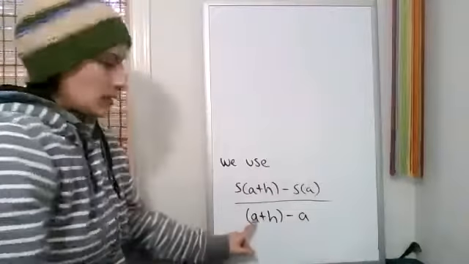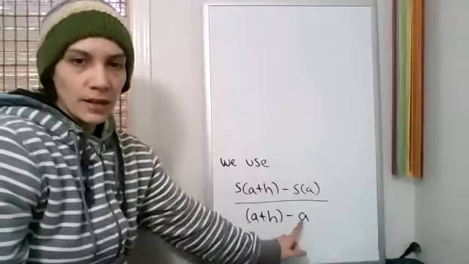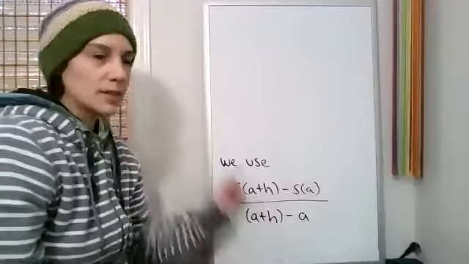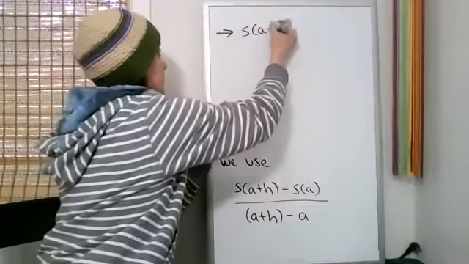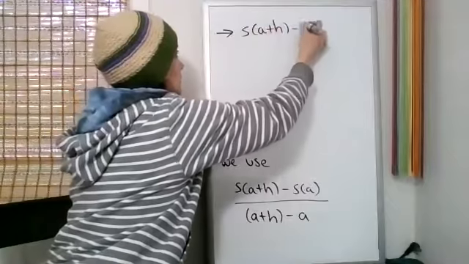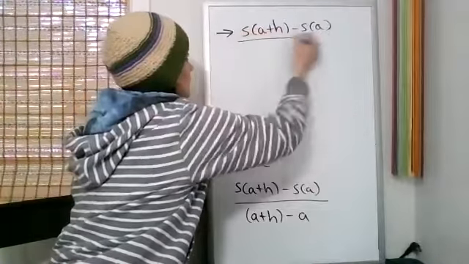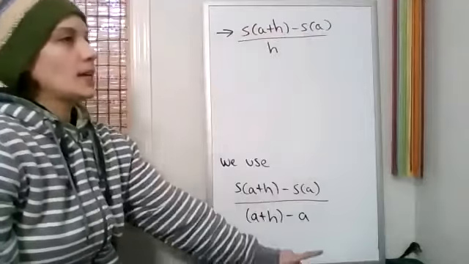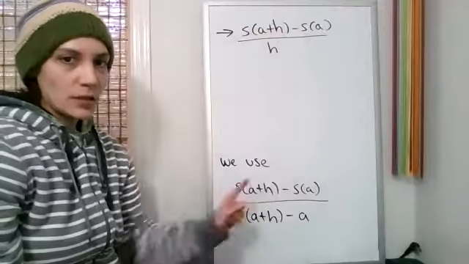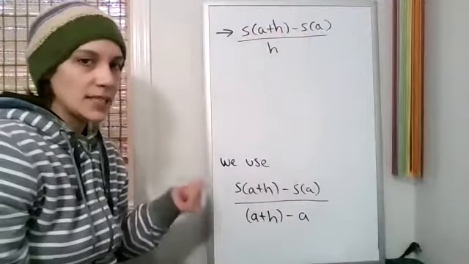Okay, so you have a positive a and a negative a, which leaves h in the denominator. And then we take a limit as h goes to 0, and that gives us instantaneous velocity.